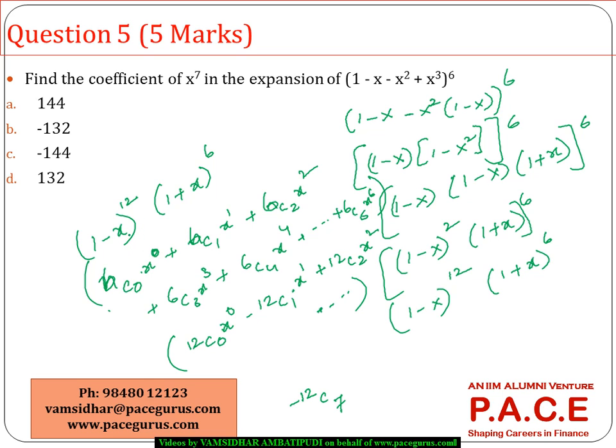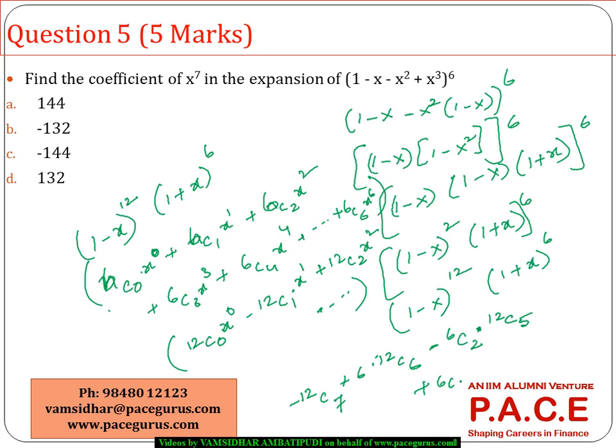Then we are talking about x power 1, so it becomes plus 6 into 12C6. Then again the x power 5 term, so minus 6C2 into 12C5.